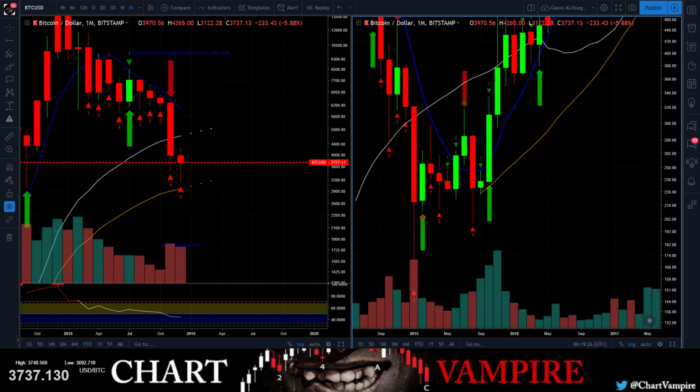And so we're going to have a monthly bear cross in March, if not February, depending on the price action. And the PA fell 41%.